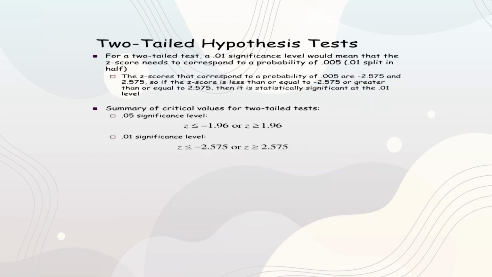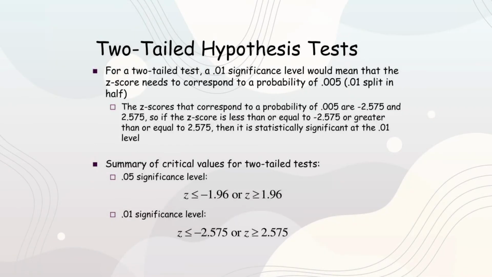So for a two-tailed test, the 0.01 significance level would mean that the Z score needs to correspond to a probability of 0.005, that is 0.01 split in half. The Z scores that correspond to a probability of 0.005 are -2.575 and +2.575.